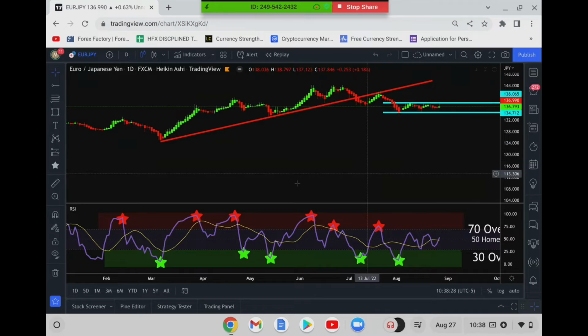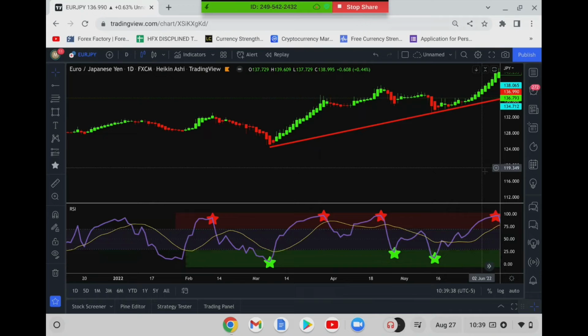So we can see the market was trending up. It broke through our trend line as support, and now it's consolidating before deciding whether it wants to continue this move up or break to the downward direction.